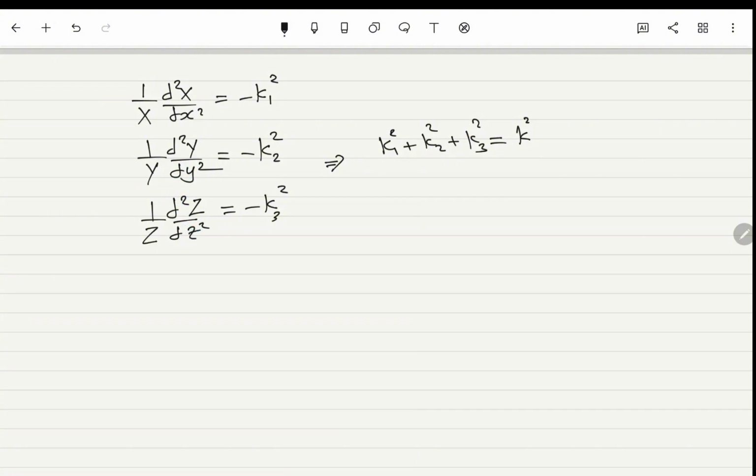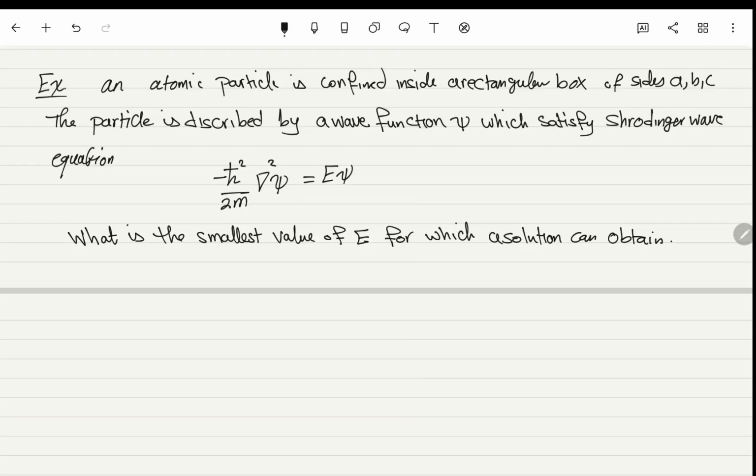As an application for this separation of variables in Cartesian coordinates, let's have this example. Now, in this example, an atomic particle is confined inside a rectangular box of sides A, B, and C. The particle is described by wave function psi, which satisfies the Schrödinger equation, this one right here.